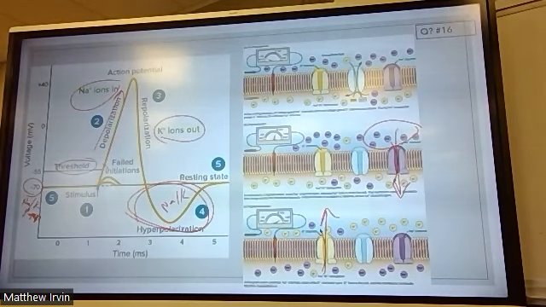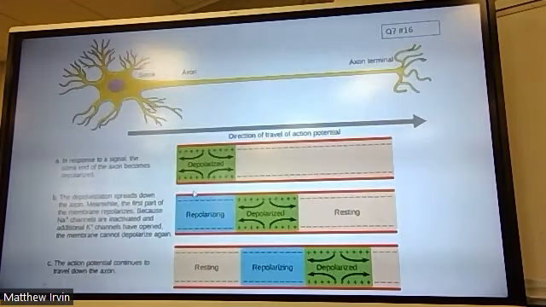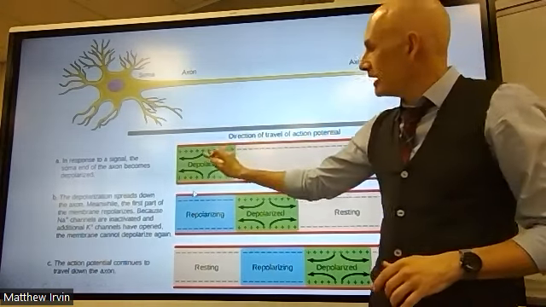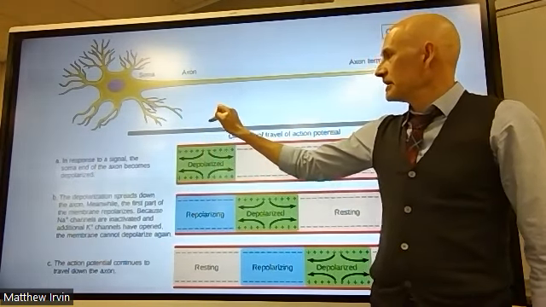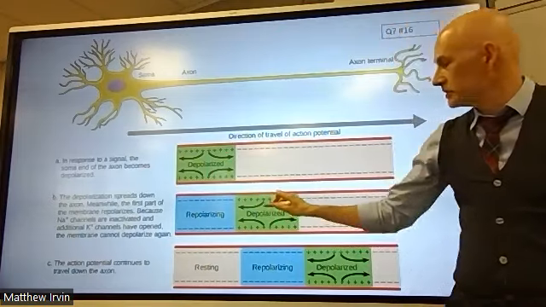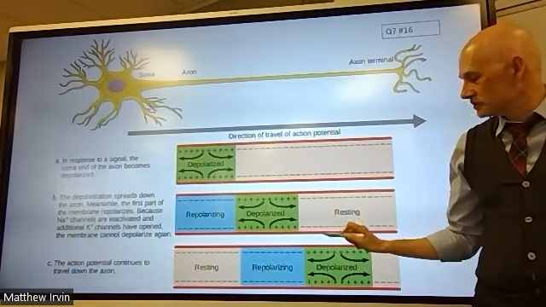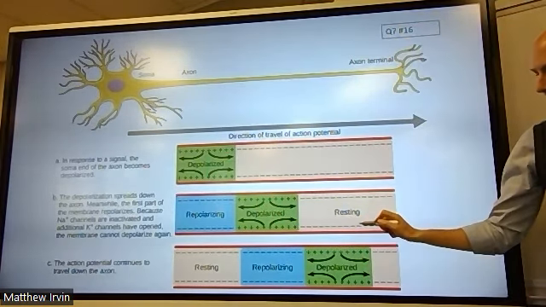And that just happens in one section of the nerve. And when that happens in one section of the nerve, what does it do to the next section? Triggers the same thing to happen. So when you depolarize, so sodium in, potassium out, that triggers the next one to do sodium in, potassium out, triggers the next one, sodium in, potassium out.